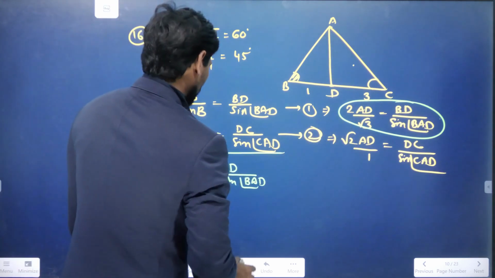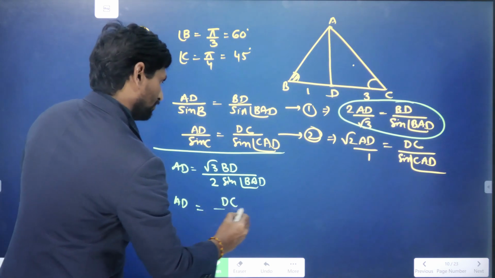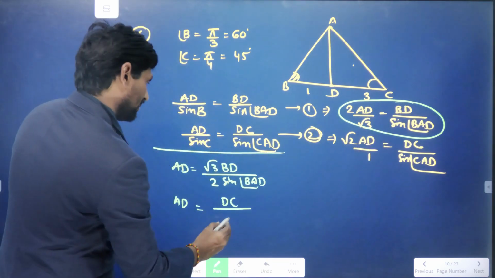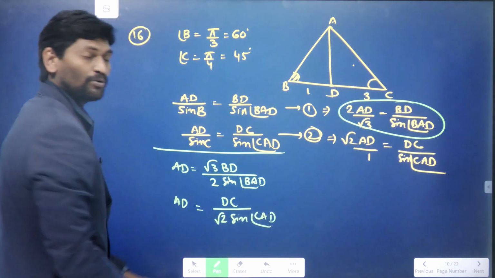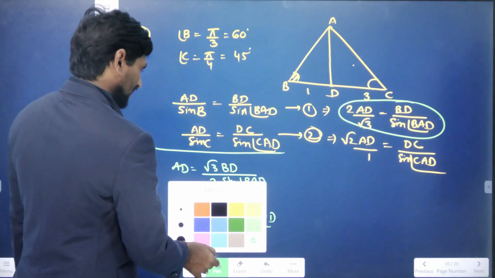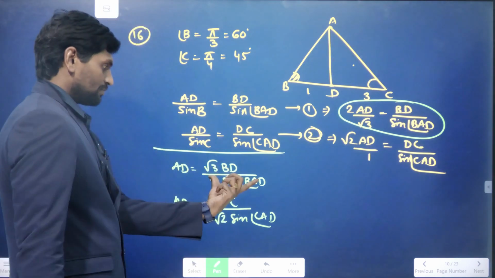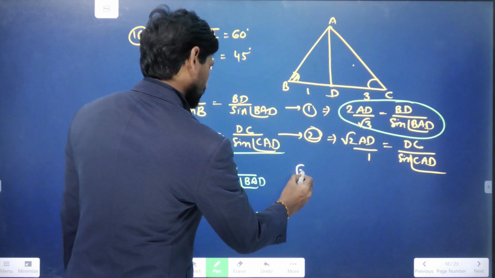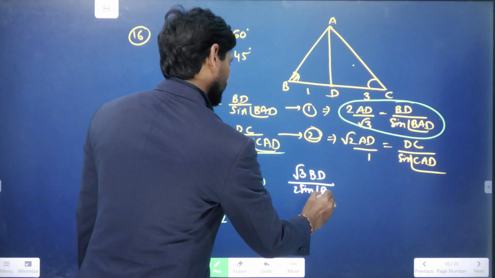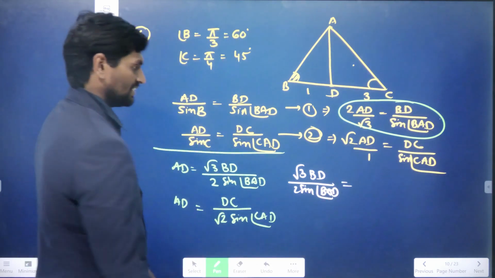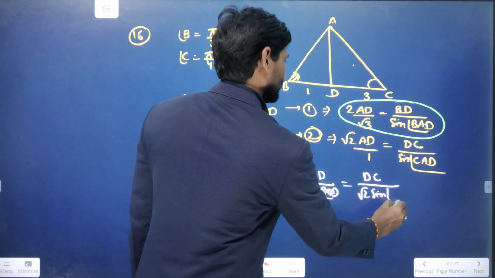From the second equation I can write AD equals DC by root 2 sin CAD. So whenever the LHS parts are equal, we can equate the RHS parts. That means root 3 BD by 2 sin angle BAD equals DC by root 2 sin CAD.